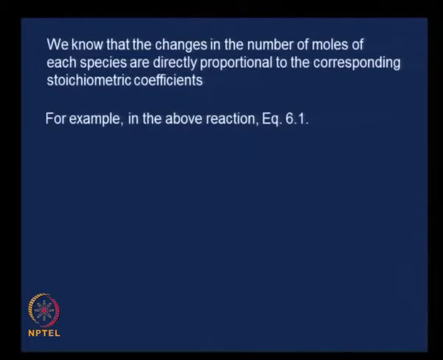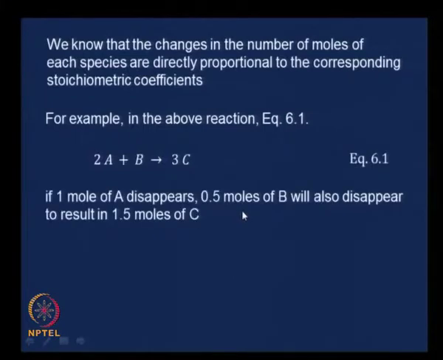For example, in the above reaction given by equation 6.1, if we divide this equation throughout by 2, we get A plus half B equals 3 by 2 C. If 1 mole of A disappears, half a mole of B will also disappear to result in 3 by 2, or 1.5 moles of C.